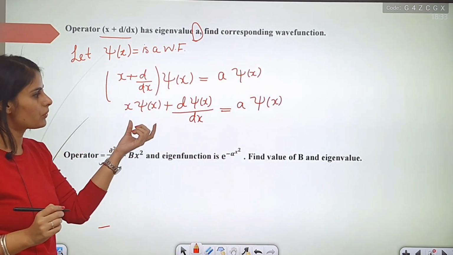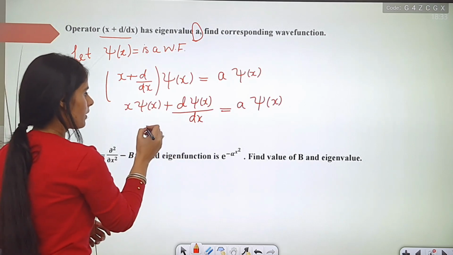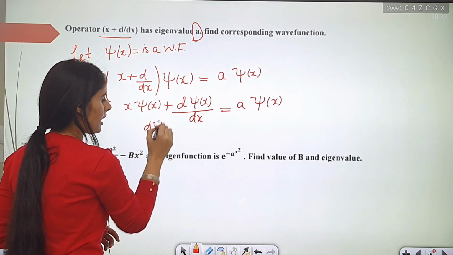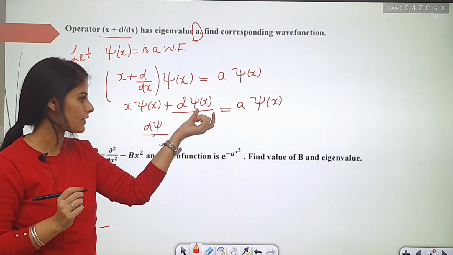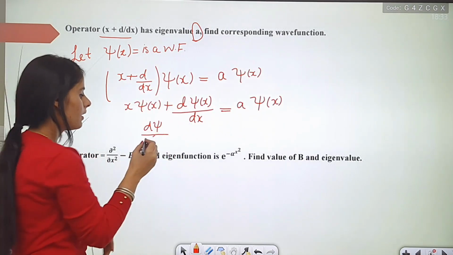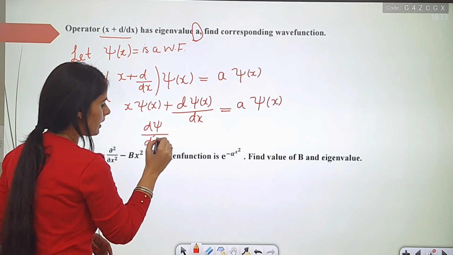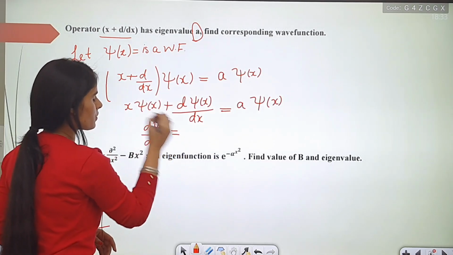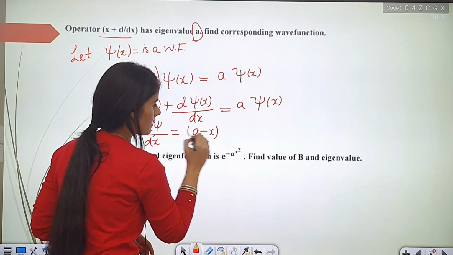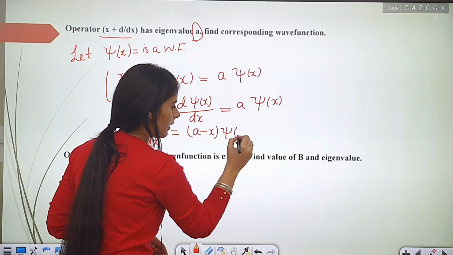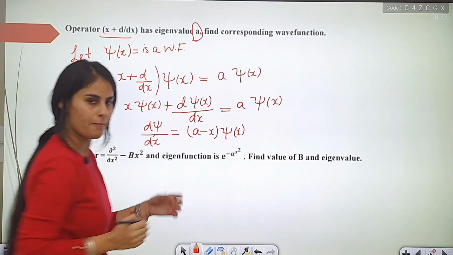Now we are going to rearrange this equation. So d psi, I am just writing psi instead of psi as a function of x, as we know psi is a function of x. d psi upon dx is equal to a minus x times psi of x.